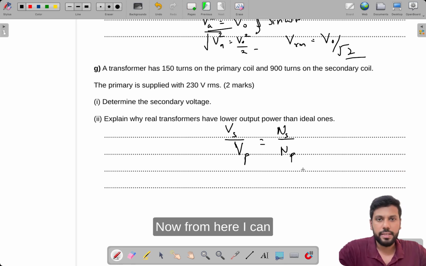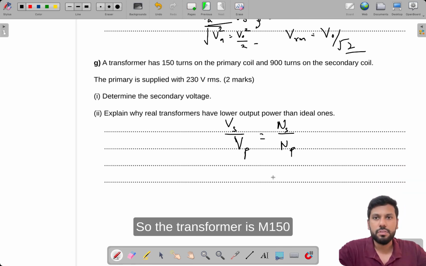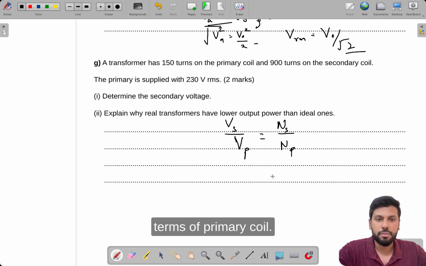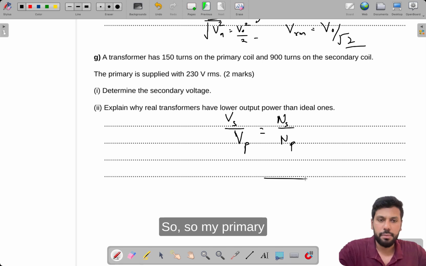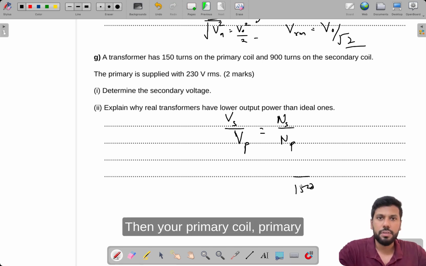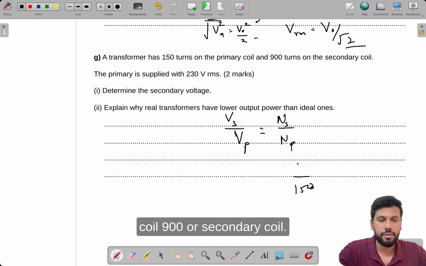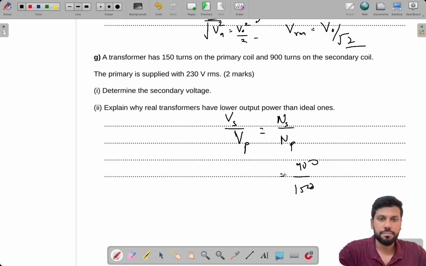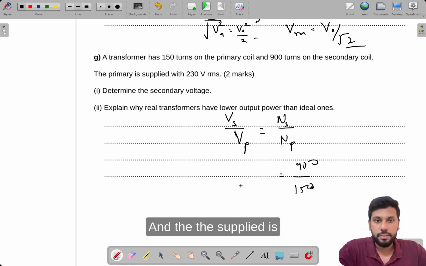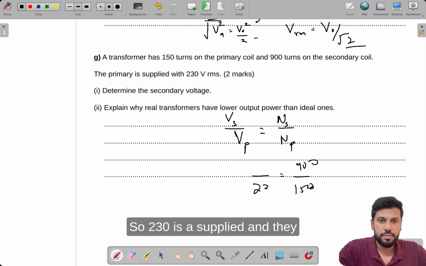Now from here I can substitute my values. My primary coil is 150 turns, the secondary coil is 900 turns, and the primary supply is 230 volts.